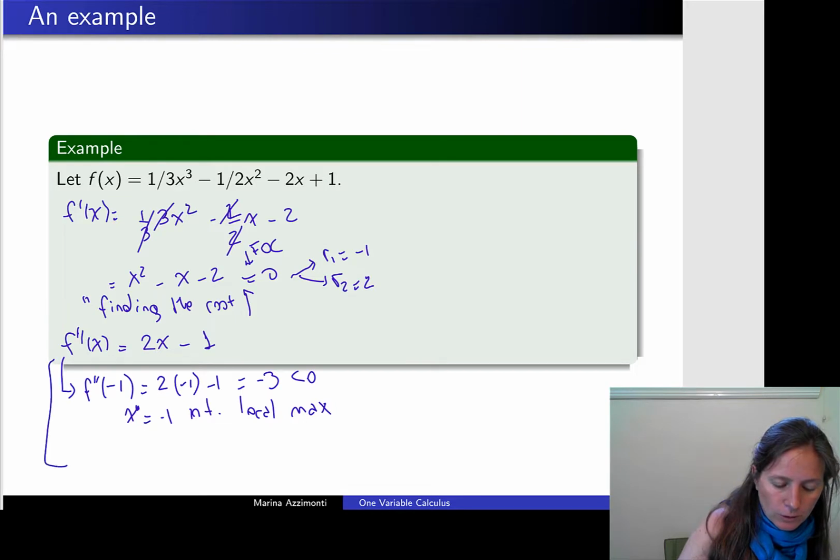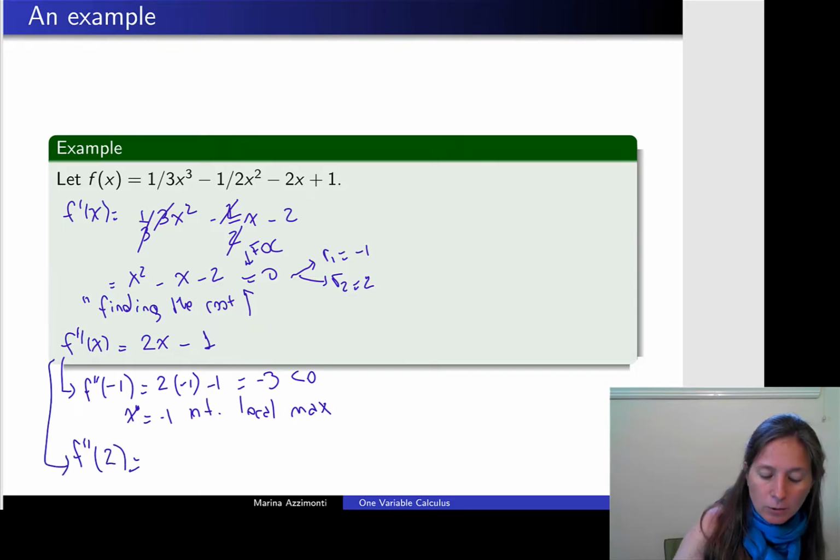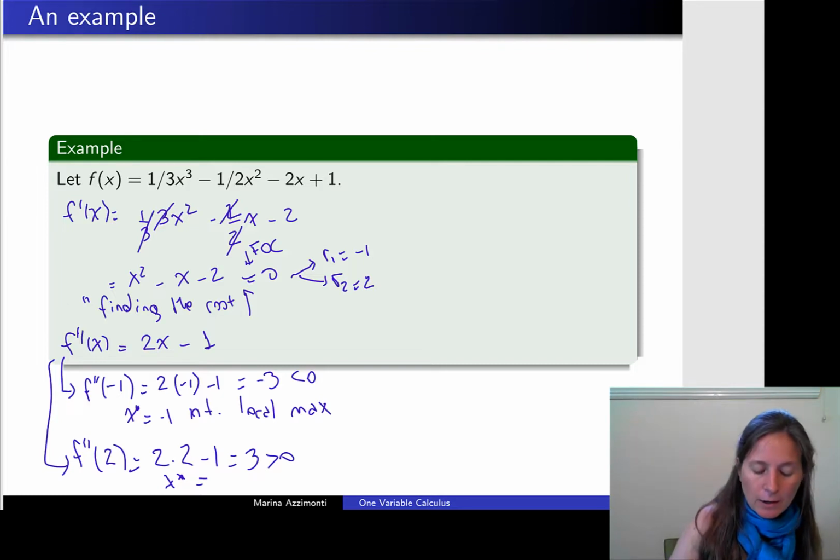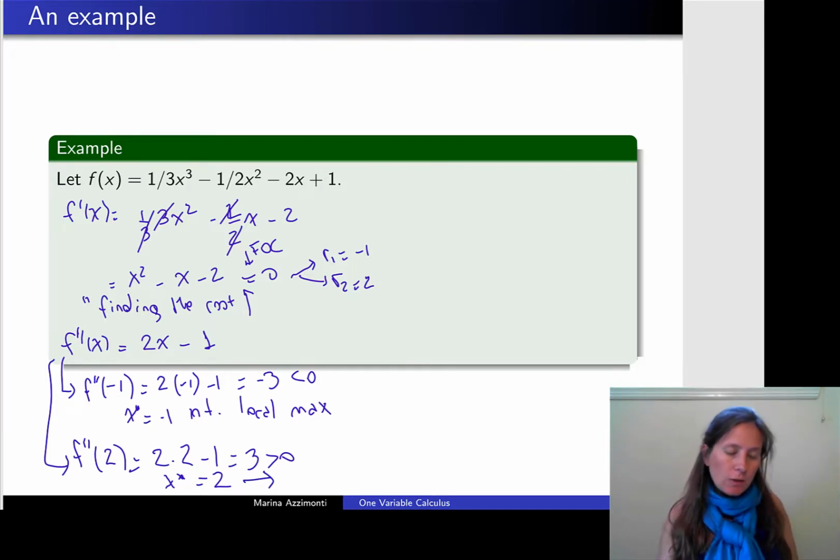Now, if we do the second one, f prime prime at 2, our second root, is going to be 2 times 2 minus 1. This is 3, a positive value. So when we evaluate the function at the critical point 2, we get that the second derivative is positive. So the function at that point is convex.